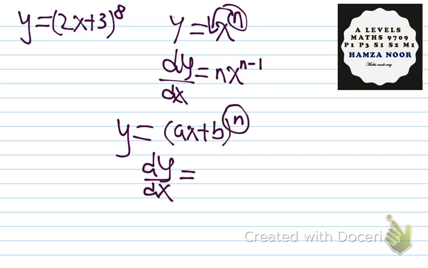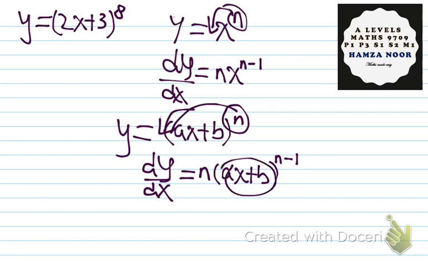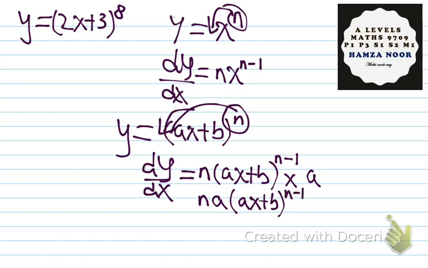The power is multiplied here outside, becomes a constant, and ax plus b comes as it is, and 1 is subtracted from the power, and this algebraic expression within the brackets is differentiated and multiplied outside. So this becomes n a multiplied by ax plus b whole thing raised to the power n minus 1.